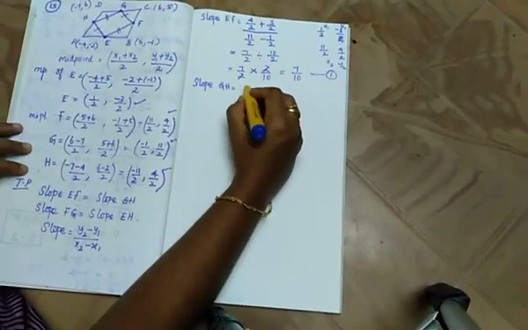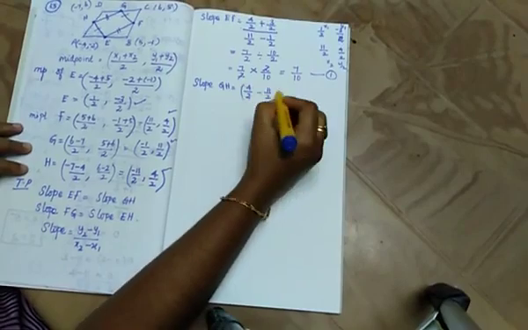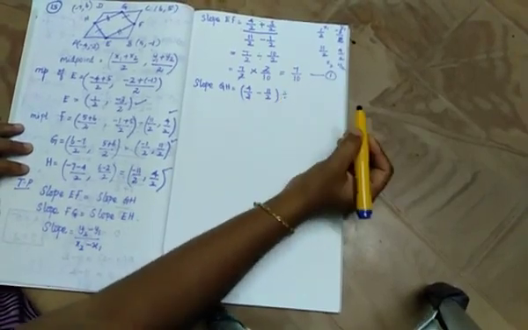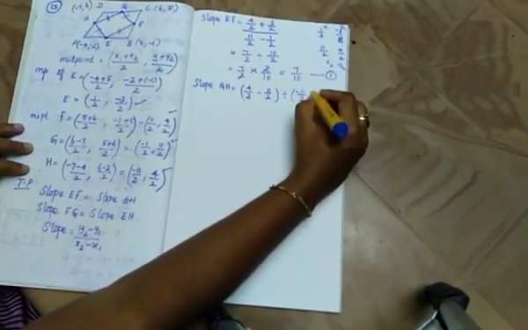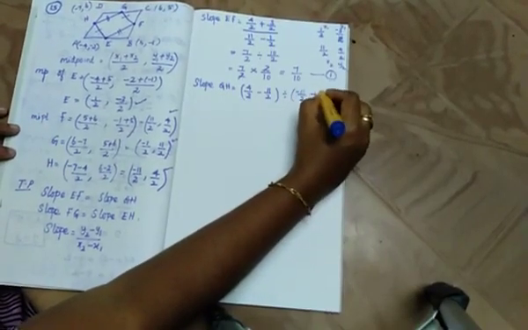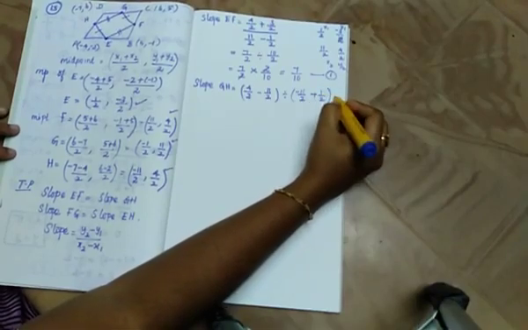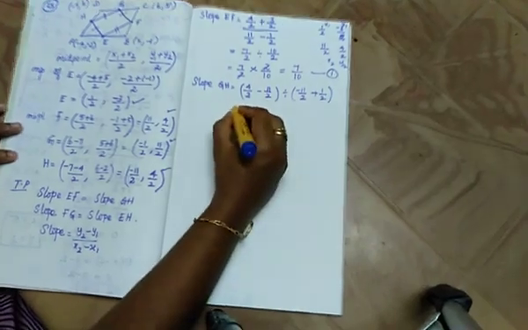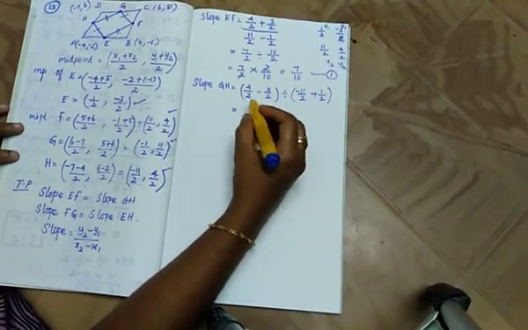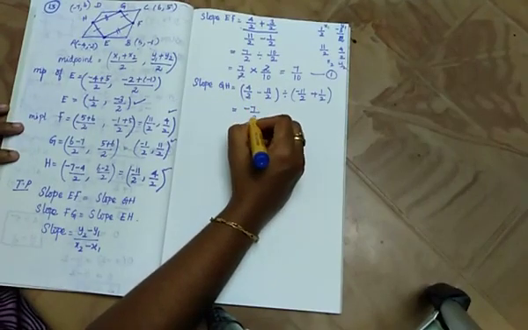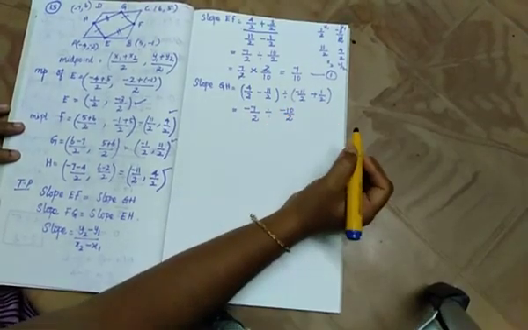So let's see. 4 by 2 minus 11 by 2, divided by minus 11 by 2 minus into minus plus 1 by 2. The denominator is the same, isn't that? So 4 minus 11, minus 7 by 2, divided by minus 10 by 2.